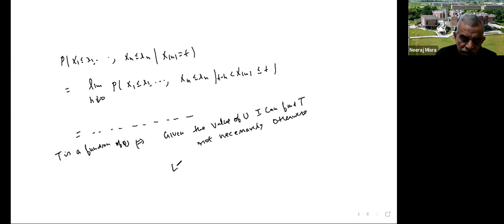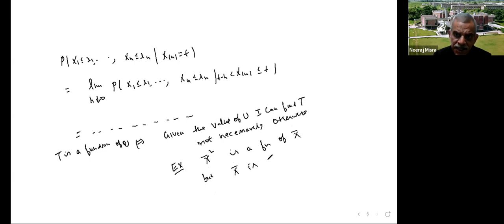For example, X bar square is a function of X bar, because given X bar, you can find X bar square. But X bar is not a function of X bar square, because given X bar square, you cannot find X bar.